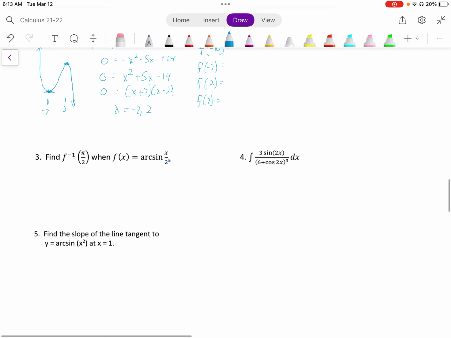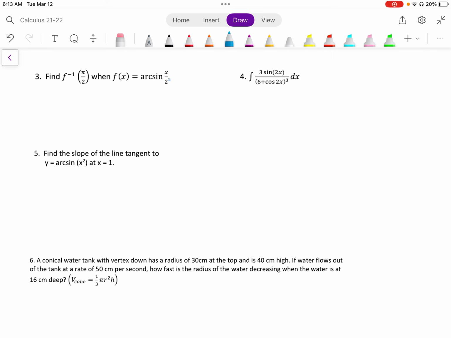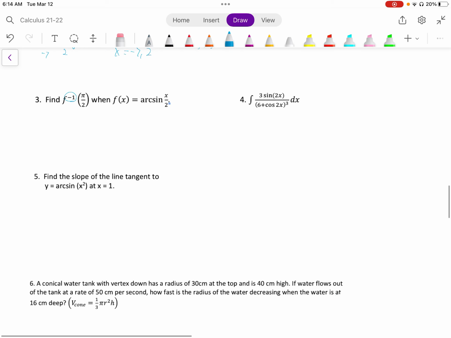All right, next one. Find the inverse of pi over 2 when f of x equals arc sine of x over 2. So we want to take the inverse, not the derivative. And so what we do is we switch x and y. So this is our normal y.